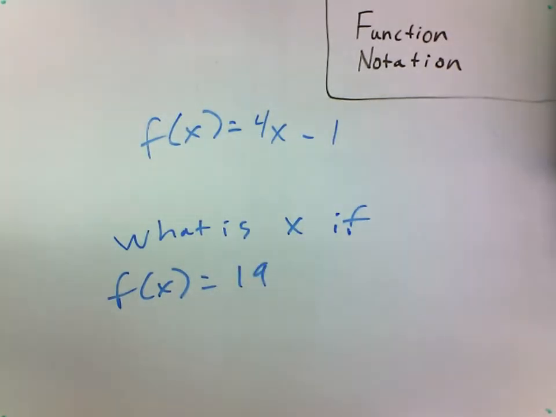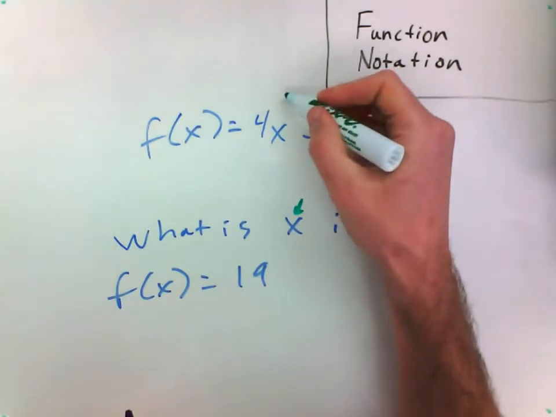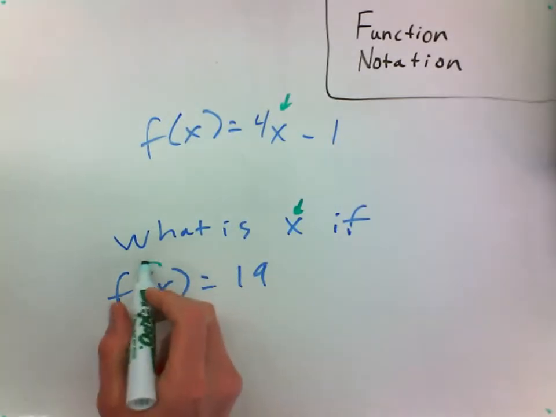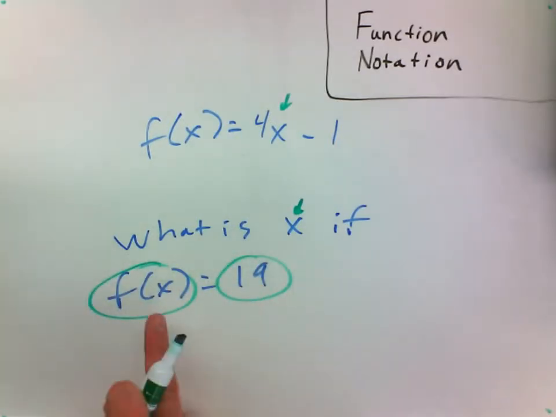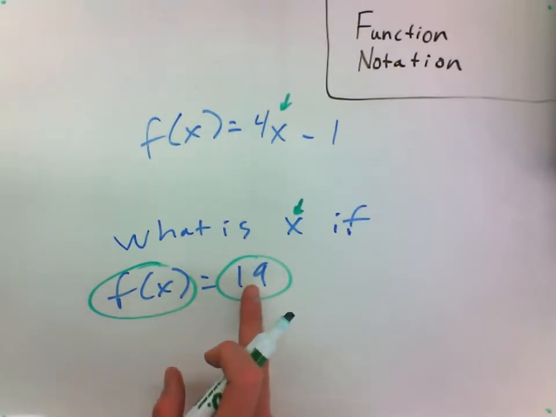Something like that. So the key part here is this part. We're solving for x. If f of x is 19, they're telling me to set the f of x equal to 19. Instead of an f of x, put a 19.